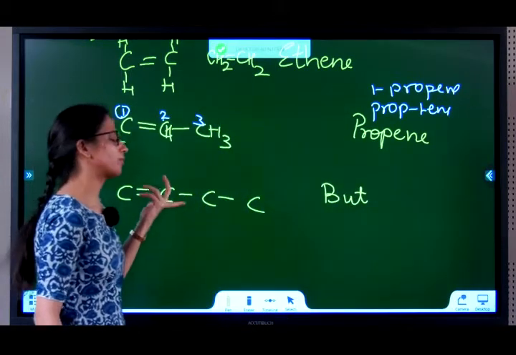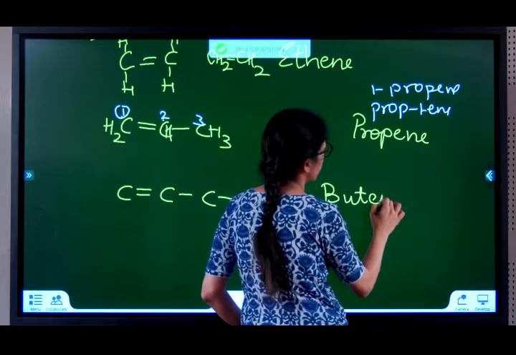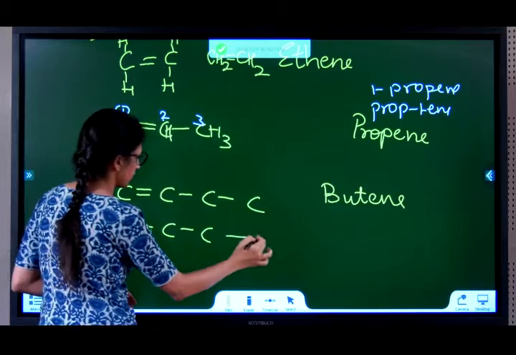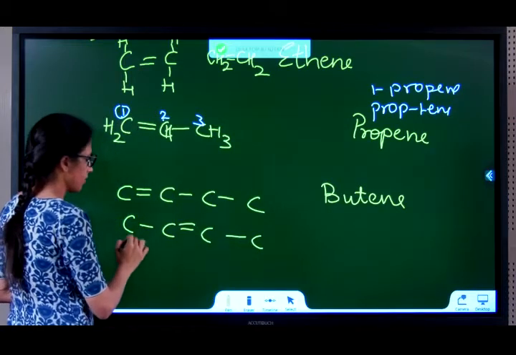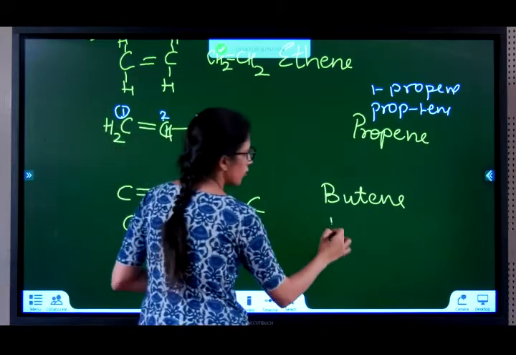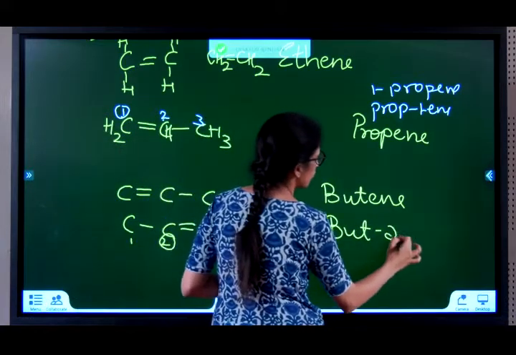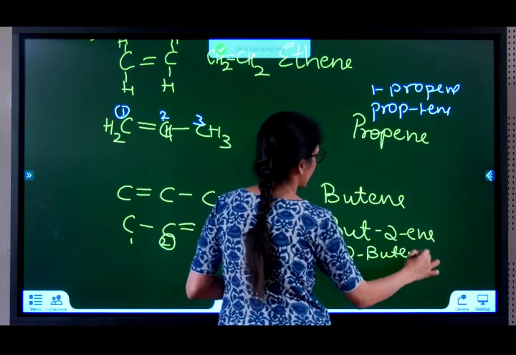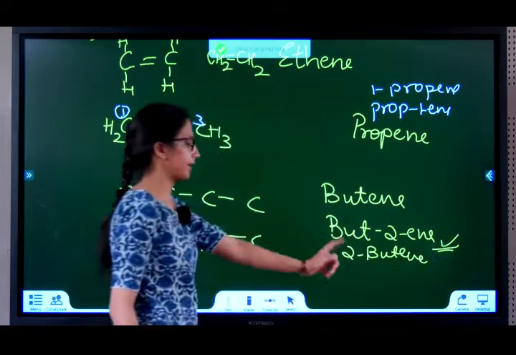Between 1 and 2, lower number 1. So no need to write 1. Butene. Next. What if the double bond is here? Then 1, 2, 3, 4. 2 is a lower number. You can write this as but-2-ene or 2-butene. I'll stick to this. You can write any one.